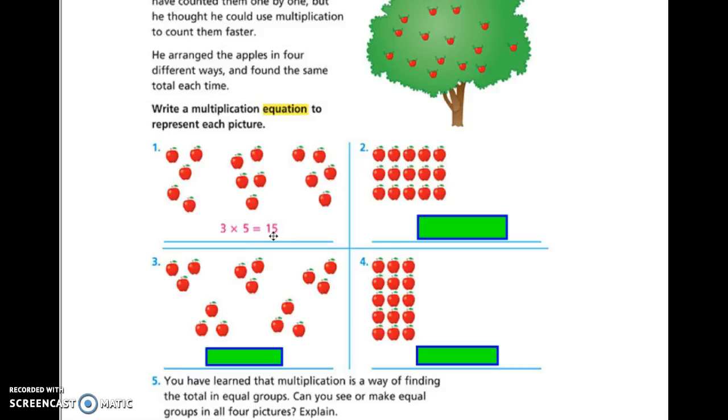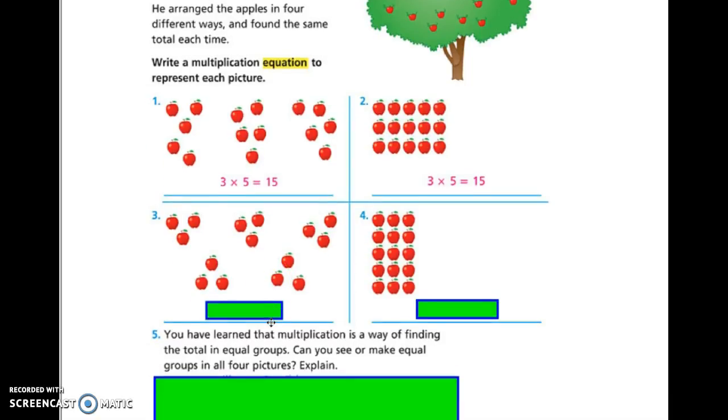Now, another way of doing it is to put it in this nice, orderly fashion, okay? But it's really the same thing. If we look, we've got 3 groups of apples. Okay, so 1, 2, 3 with 5 apples in each. So our equation is exactly the same. 3 times 5 equals 15, right? 3 times 5 equals 15.